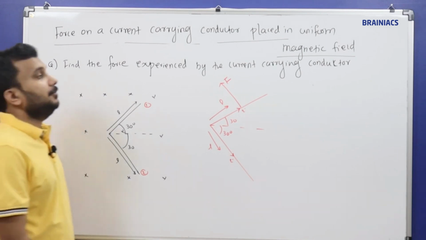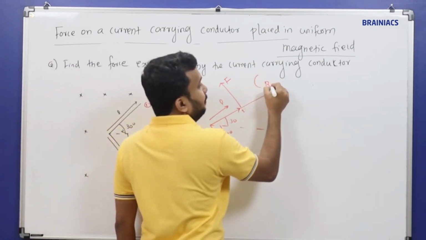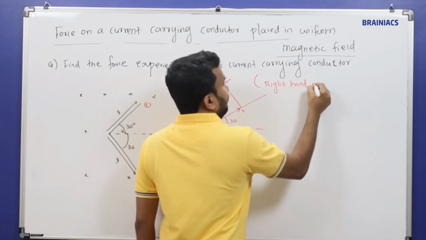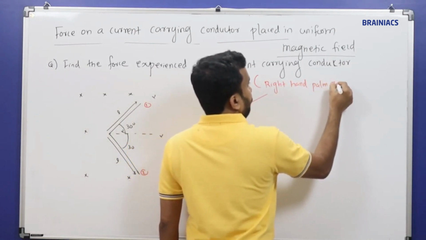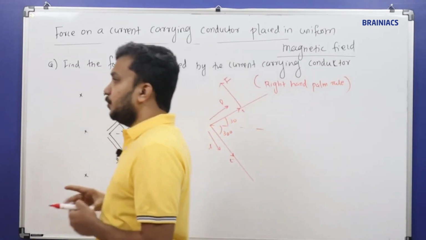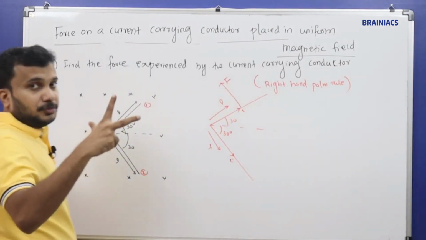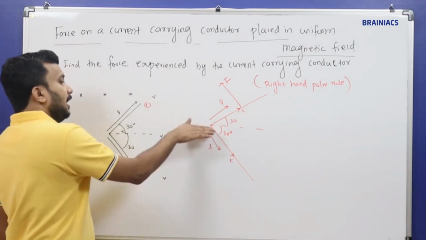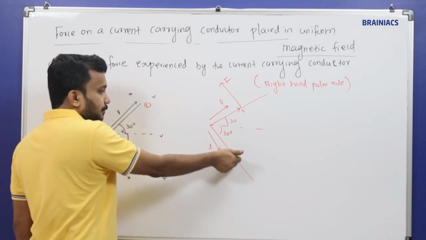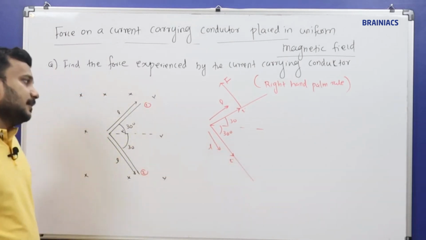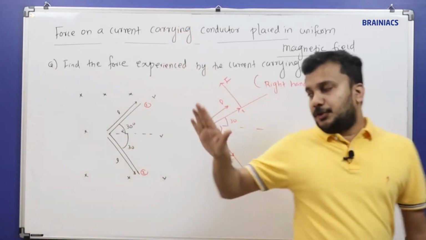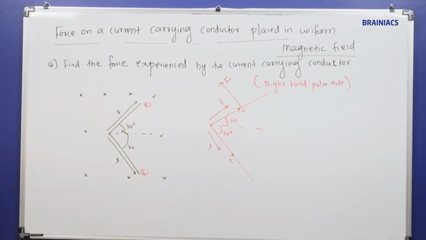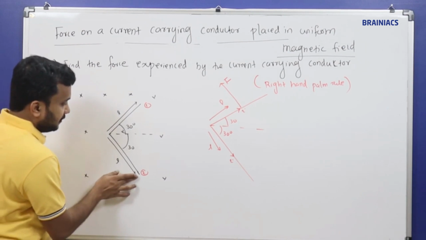What I have applied here is the right hand palm rule. Using the right hand palm rule, you can find the direction of the cross product of two vectors. So L cross B. We have to use our right hand. Here the direction of current is okay.